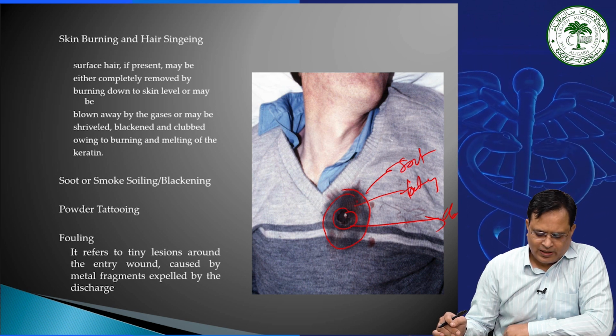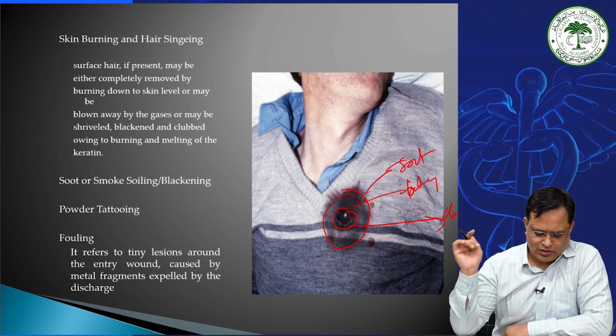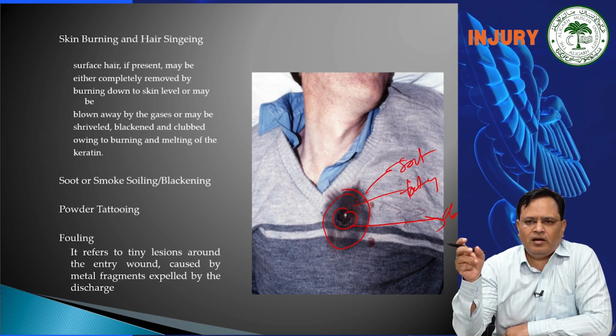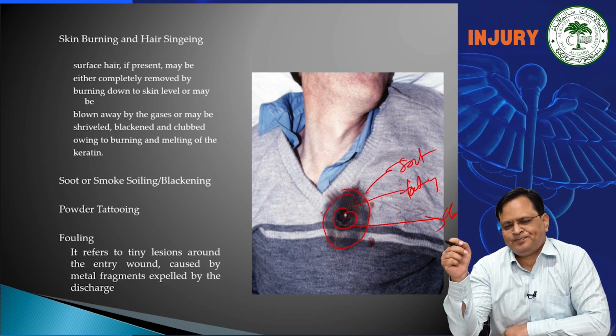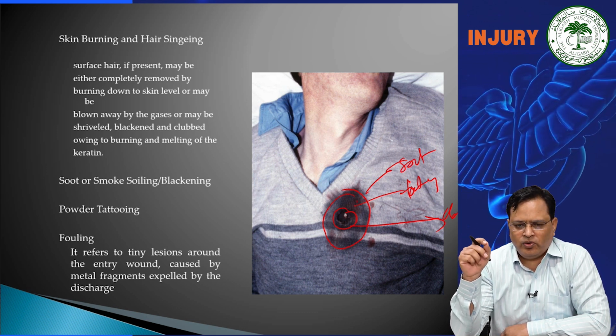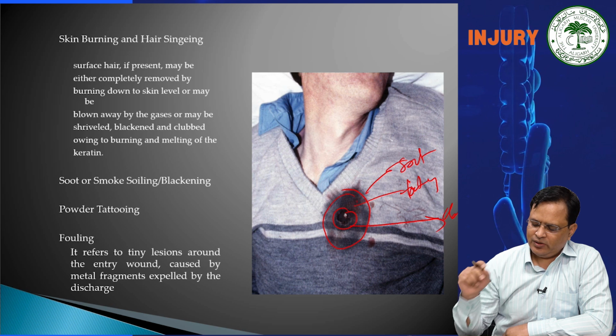Fouling refers to a tiny lesion around the entry wound caused by metal fragments. Fouling means that a certain metal fragment of the jacket or the bullet has broken off a little and gets deposited in the wound.